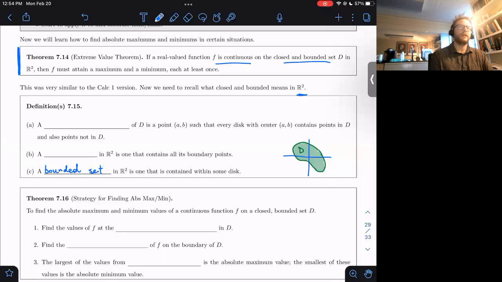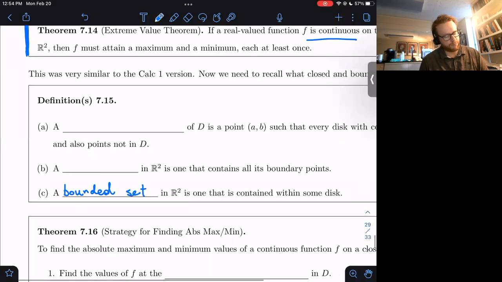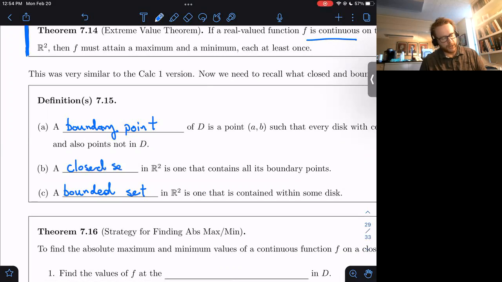Closed in Calculus 1 just means that it included its boundary points. It included its endpoints. So I need to tell you what a boundary point is. Once we know what a boundary point is, a closed set is going to be one that contains all of its boundary points. Let me first give you the intuitive definition.